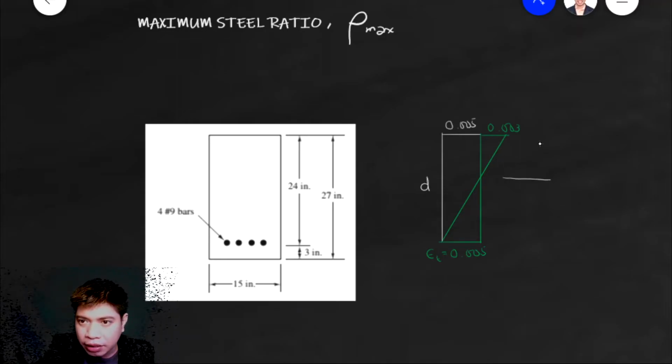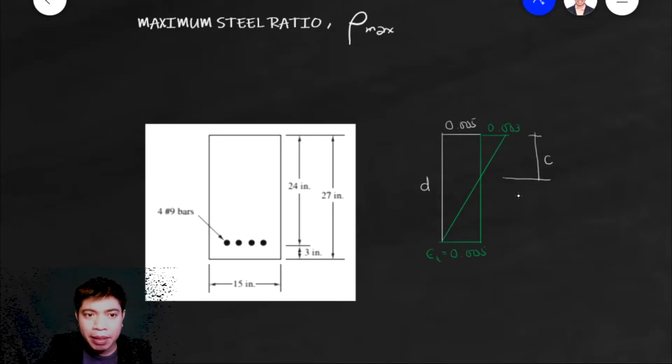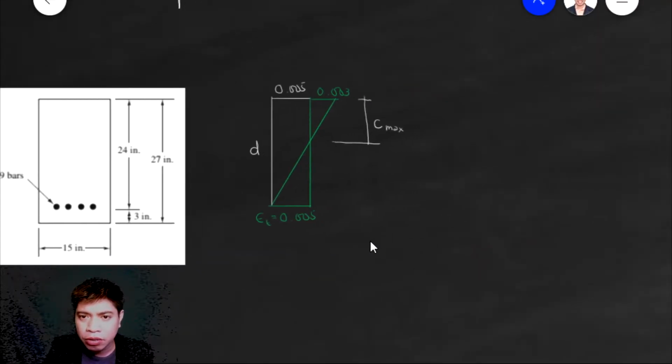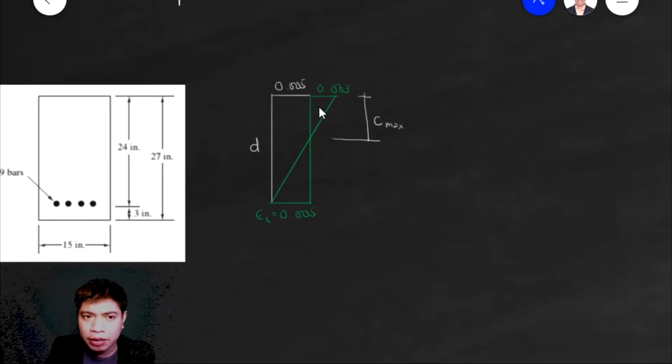Kakailanganin natin to guys. This is the C, pero since sinet natin ang setup na to para makuha yung raw maximum, tawagin na lang natin siyang C max para hindi tayo maguluhan, kasi mamaya magko-compute tayo ng totoong C ng ating beam. Ginagamit lamang natin ito para makuha si raw maximum. By ratio and proportion, similar yung maliit na triangle at malaking triangle.